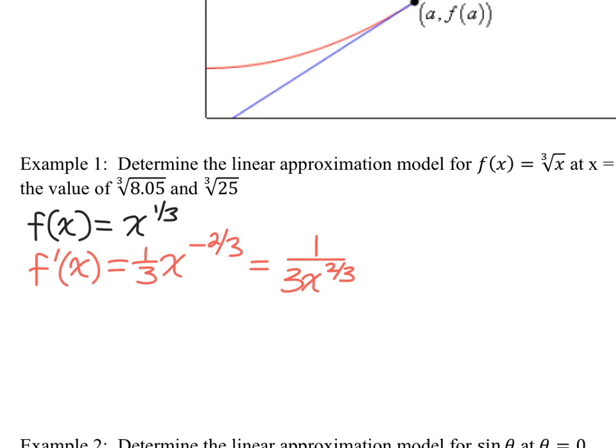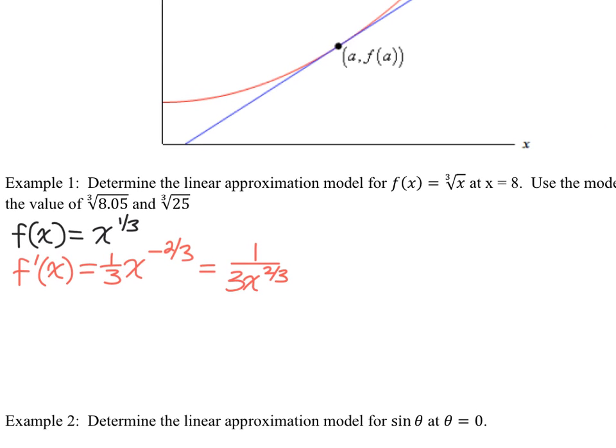They're telling us to do this at the x value of 8. So what I'm looking for is f of 8, which is 2, and f prime of 8, which would be 1/12. Cube root of 8 is 2, squared is 4, times 3 is 12.